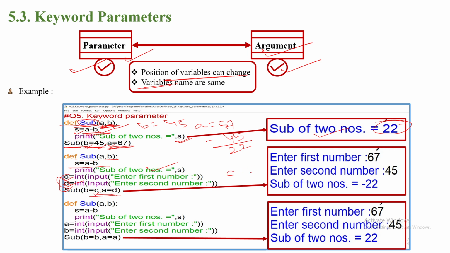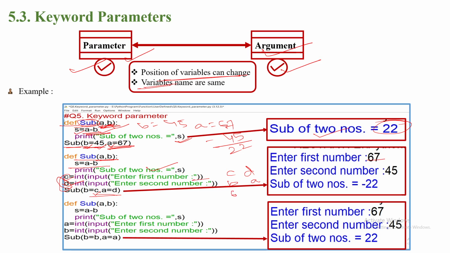So c and d, the two variables I have taken for input, will store their values in the b and a places, because the function receives a and b only in these sub functions. So b equal to c, this is the b value and this is the a value, a equal to d. The c value we call first, so 67.